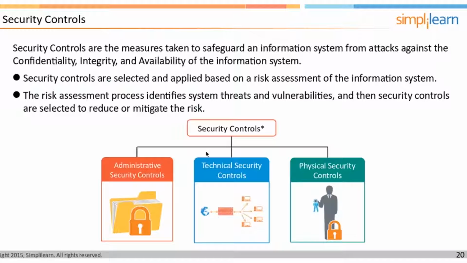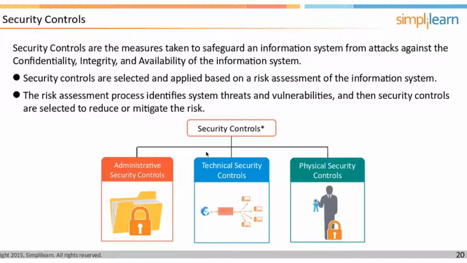Administrative relates to all those activities, for example, you may do background checks of the employees, the due diligence, all those activities that you might want to do. You might prepare some policies or standards, or you might have people training on all those things. So that's part of your administrative controls.